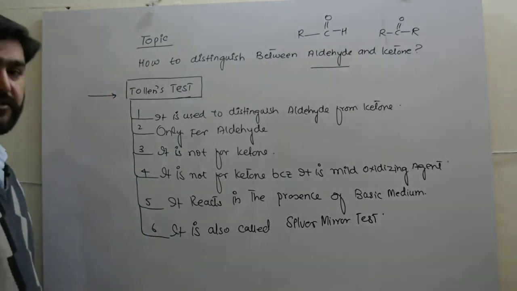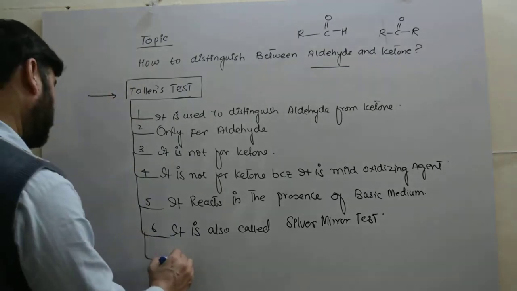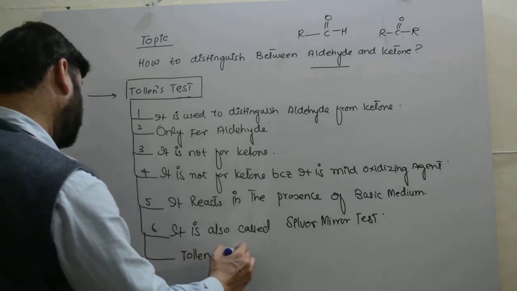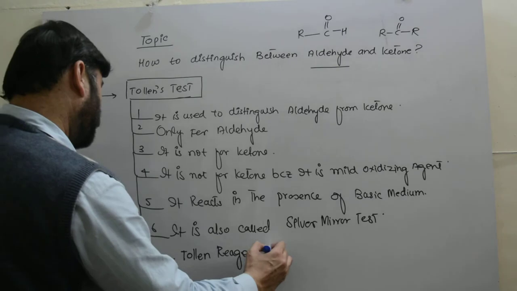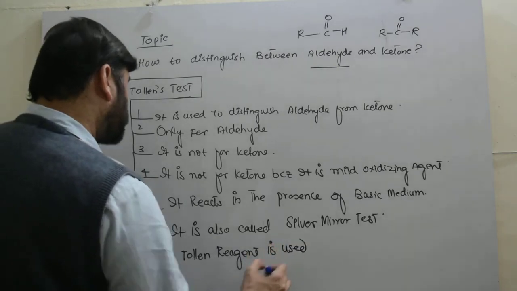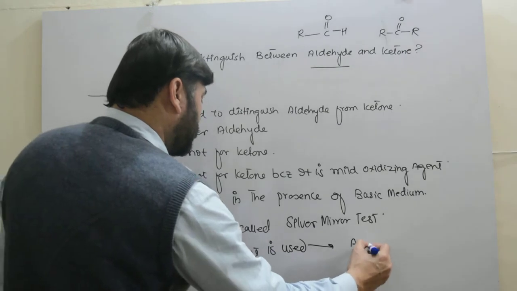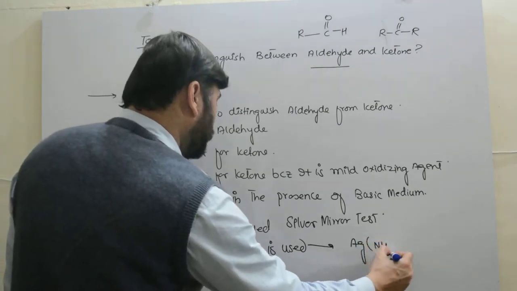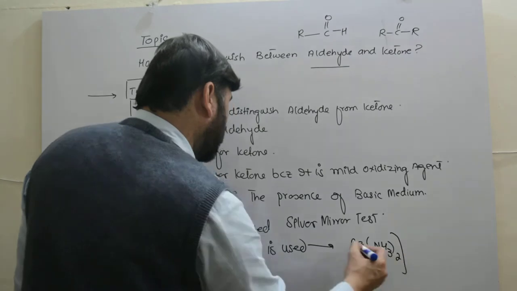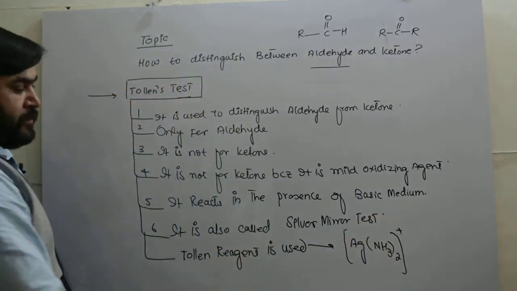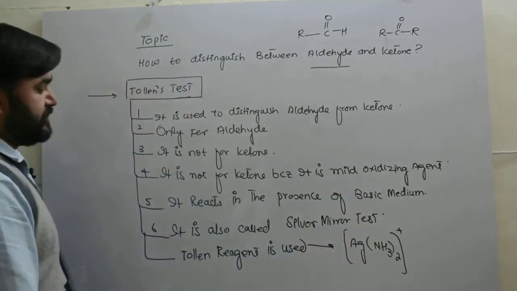And what is the reagent used in this? Tollens' reagent is used. So, what is Tollens' reagent? You can write the formula Ag(NH3)2 plus charge. This is Tollens' reagent.